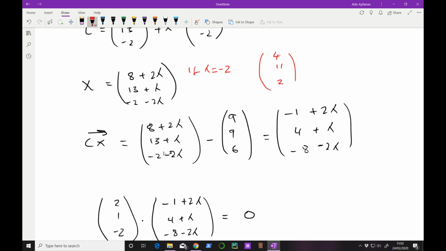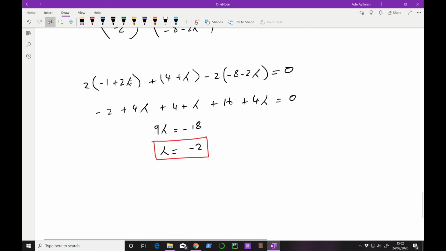And if lambda equals minus 2, my CX vector is going to equal minus 5, 2, minus 4. And we need to find the magnitude of this vector CX because that equals d. Yeah. So let's find our magnitude of CX.